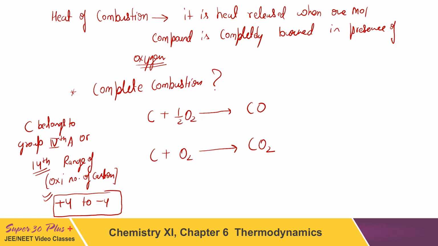So carbon, which is in 0 oxidation state here, goes to +2. So this is not complete combustion. Students, it is partial combustion. And here, when carbon goes from oxidation number 0 to +4, which is the highest possible oxidation number of carbon, it is called complete combustion.